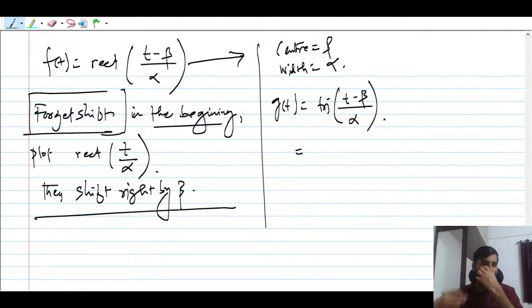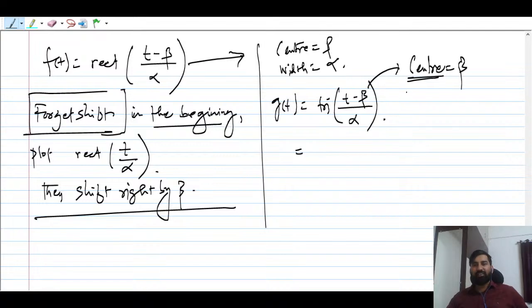So you have to follow this, right? So triangular (t minus beta). This beta is nothing but the center, you can say. Center is going to be beta. And what is the width, guys? Width is going to be 2 alpha. This is very important to keep in mind. I hope this makes sense.